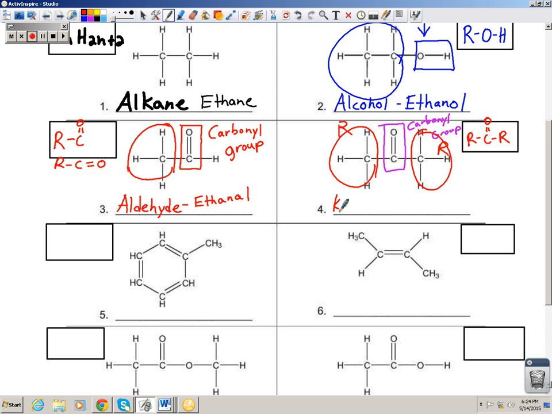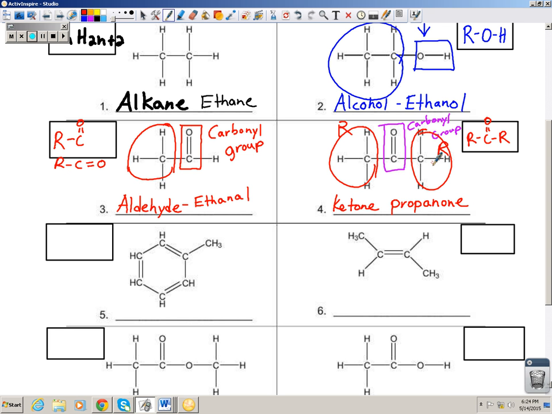So this is a ketone. Ketones are named with the base chain. So we have 3 carbons, so that is propanone. Propanone. We don't need to have a number here because there's only one location for this.